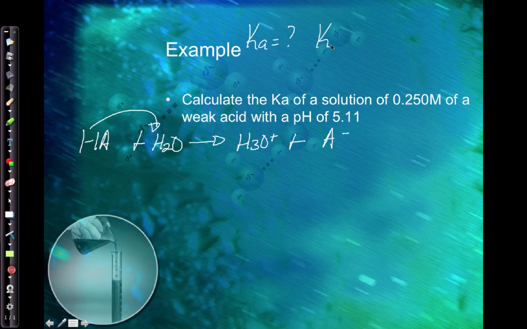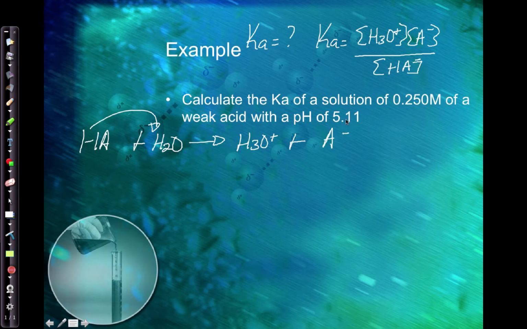But I do know that Ka is equal to the products divided by the reactants. But I don't include water because water is a pure liquid. And everything's to the power of 1 because every coefficient is a 1. Alright, so in order to get Ka, I would have to have the concentration of each of these things.